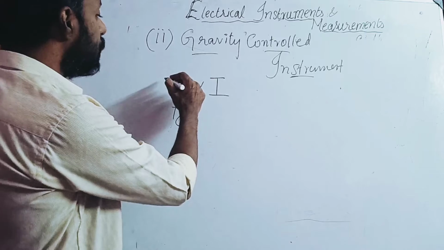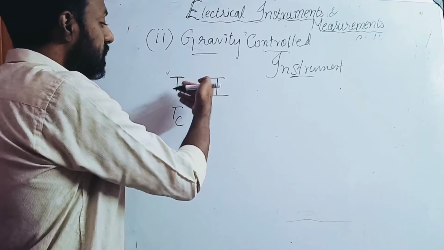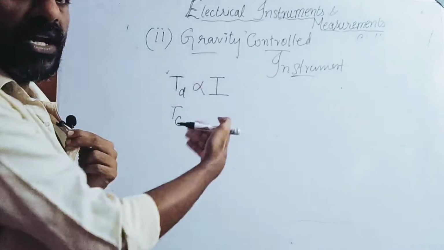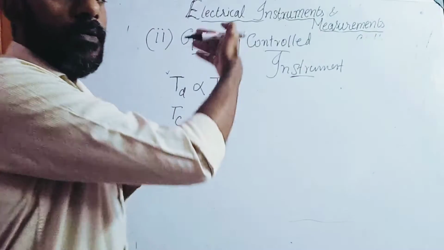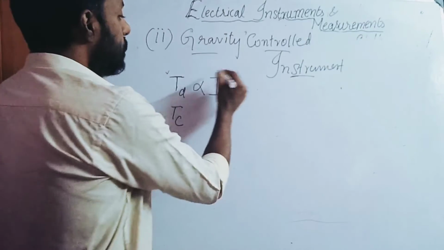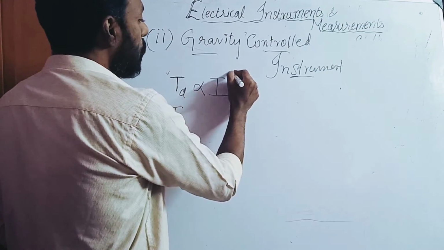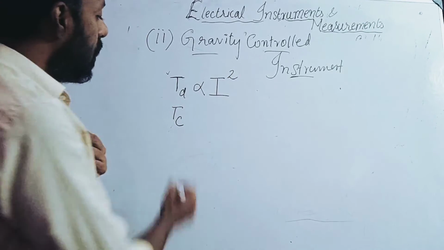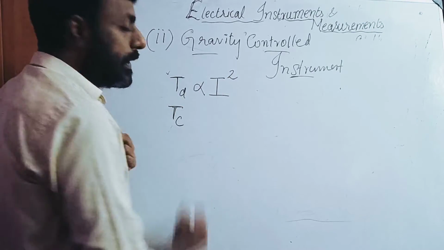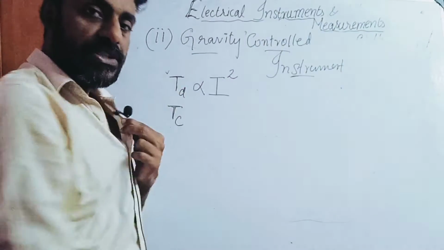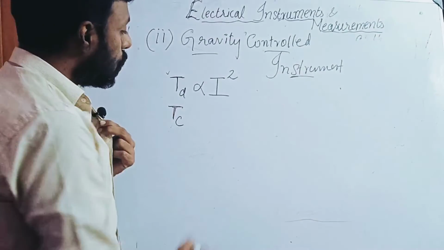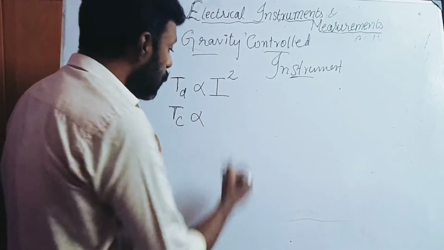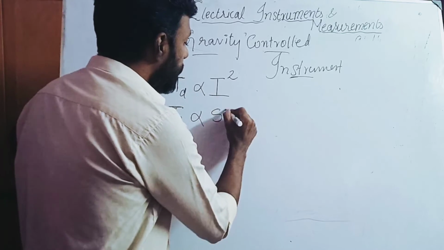So as the deflecting torque varies, the current also varies in square. So we need to put TD is directly proportional to I squared, right? For TC, that is controlling torque, here, as far as a gravity controlled instrument is concerned, the TC controlling torque is directly proportional to sine theta.